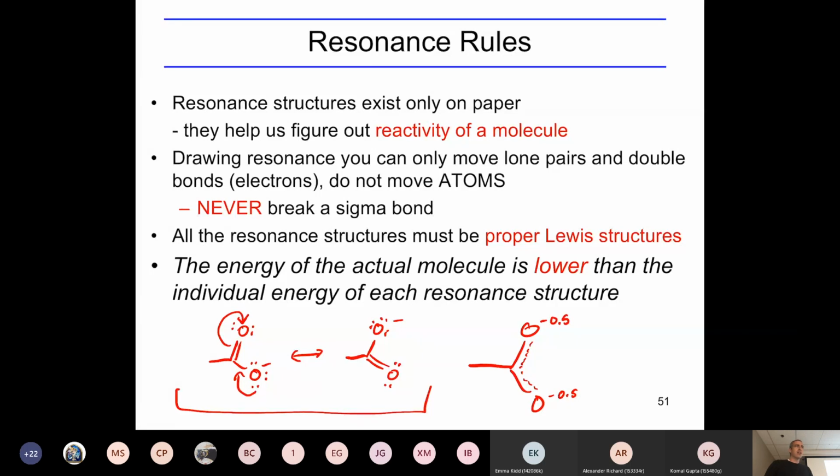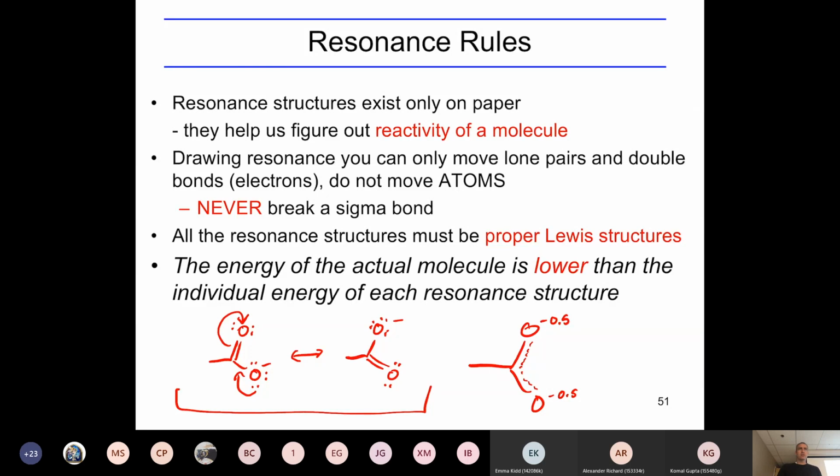You can't draw dotted lines with Lewis structures. You can't put half charges. Lewis structures assume that all electrons are like little hard dots or are part of bonds. In the real world, though, we know you can smear an electron over multiple atoms. So that's what we're trying to represent with these Lewis structures.